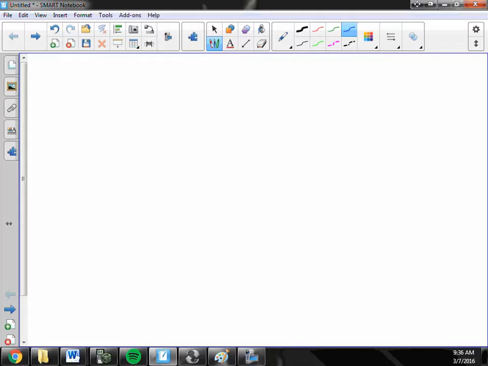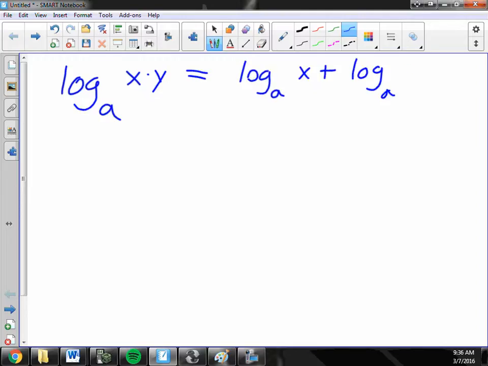All right, we're going to talk about the other two rules, the product rule and the quotient rule. So if I have log base a of x times y, I can rewrite that as a split logarithm. Log base a of x plus log base a of y.